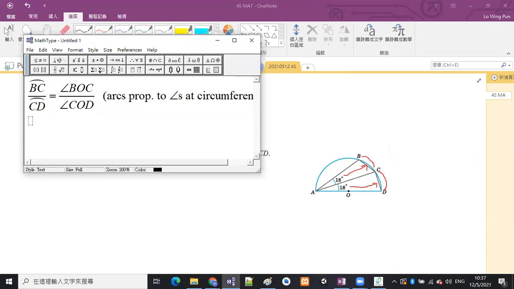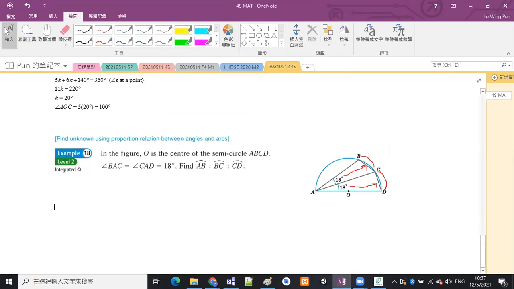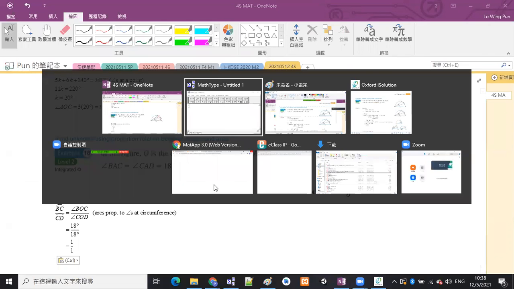Okay, and they are 18 degrees to 18 degrees. So that should be 1 to 1. Okay, so they are equal to each other. And then how to connect the arc AB? Sorry, thank you. It's my fault. It should be angle BAC and angle CAD.